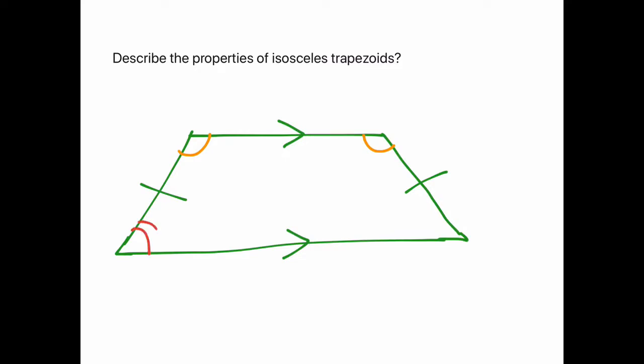And this one down here in the red is congruent to this one down here in the red. And our last property is that the diagonals of the isosceles trapezoid here in the blue are also congruent. So if you have all those things, you definitely have an isosceles trapezoid.